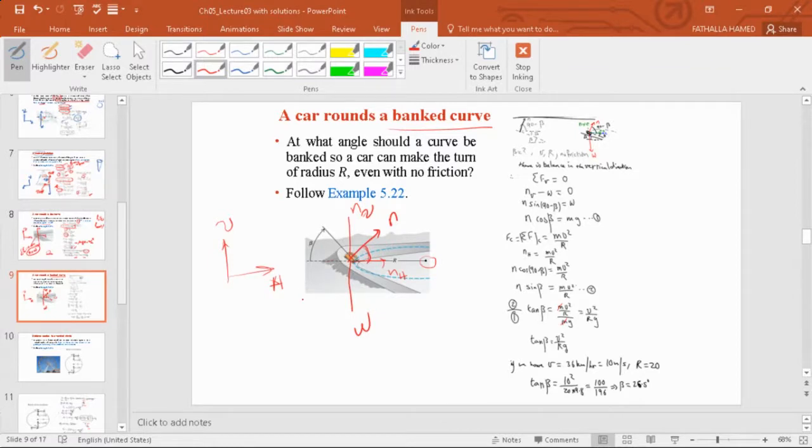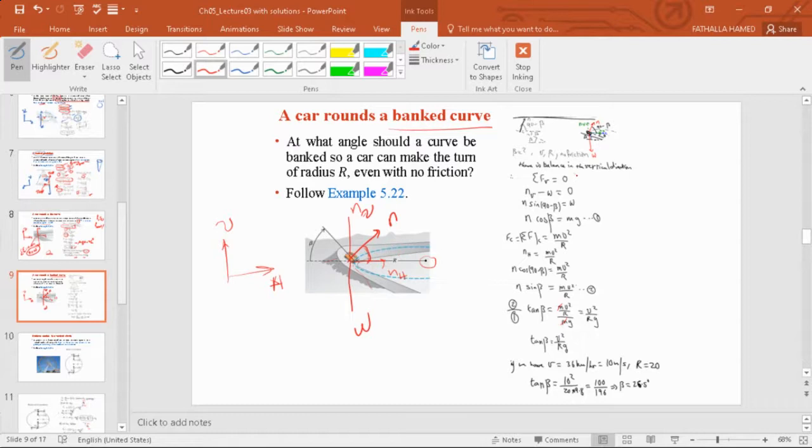If this angle here is beta, and if you extend this all the way, you know that this angle should be 90, but this angle here is going to be 90 minus beta. So your y component, which will be the vertical, will be n sine 90 minus beta. And the horizontal component here will be n cosine 90 minus beta.